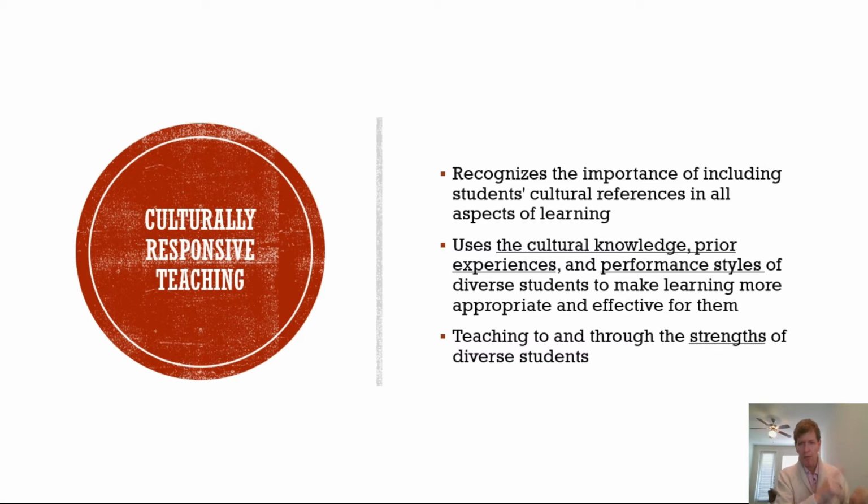So it's very important. Paulo Freire wrote a lot about this in Pedagogy of the Oppressed, and others have too. It's very important to draw upon varied ways of learning and varied ways of performing in the classroom. And bottom line here is you want to teach to and through strengths of your diverse students. Don't just assume that there are no strengths.